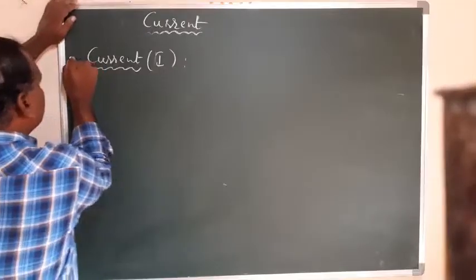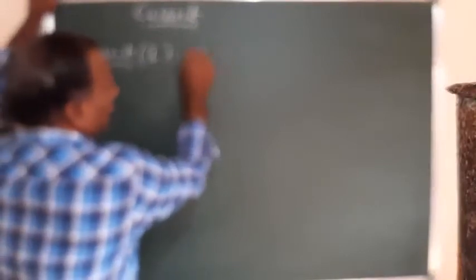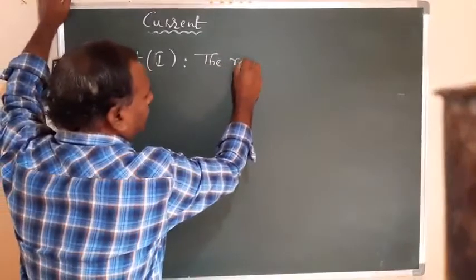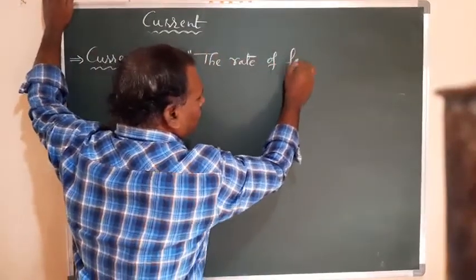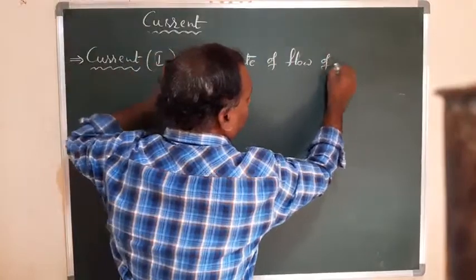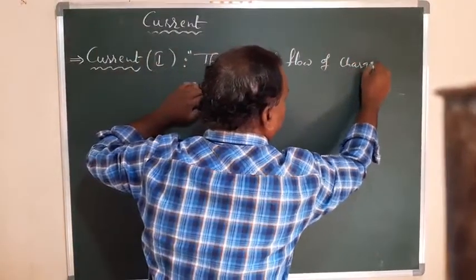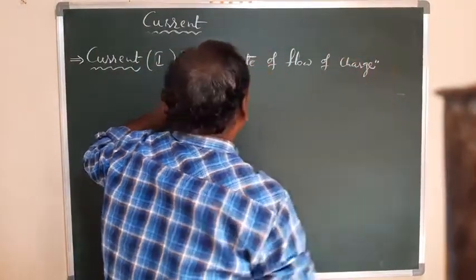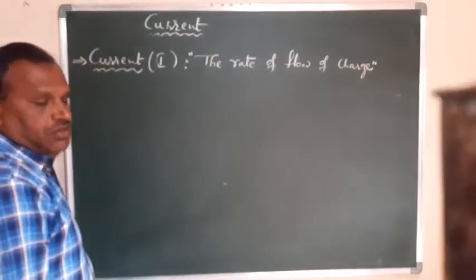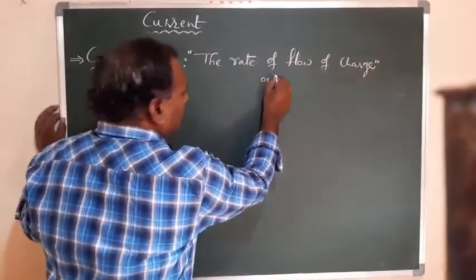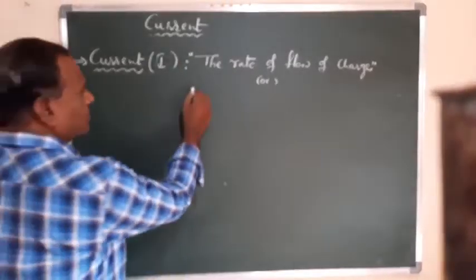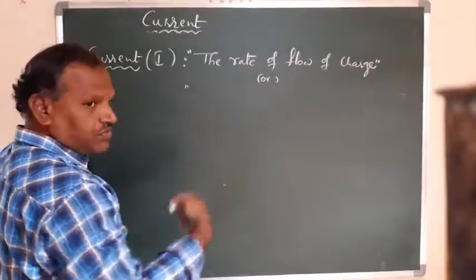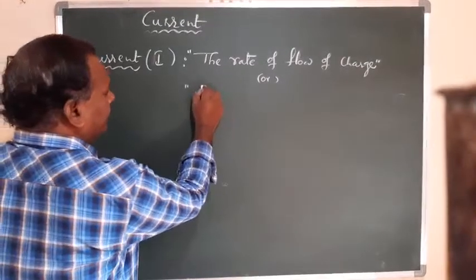Current is defined as the rate of flow of charge, or the amount of charge flowing per unit interval of time.